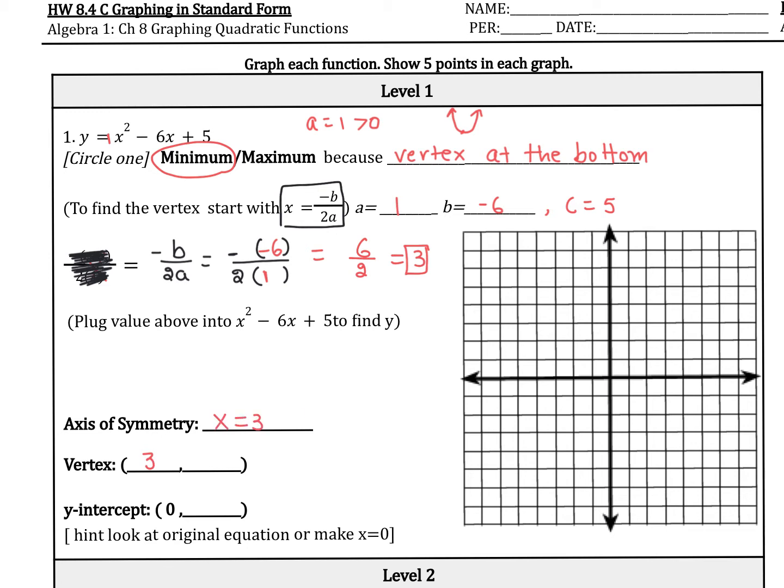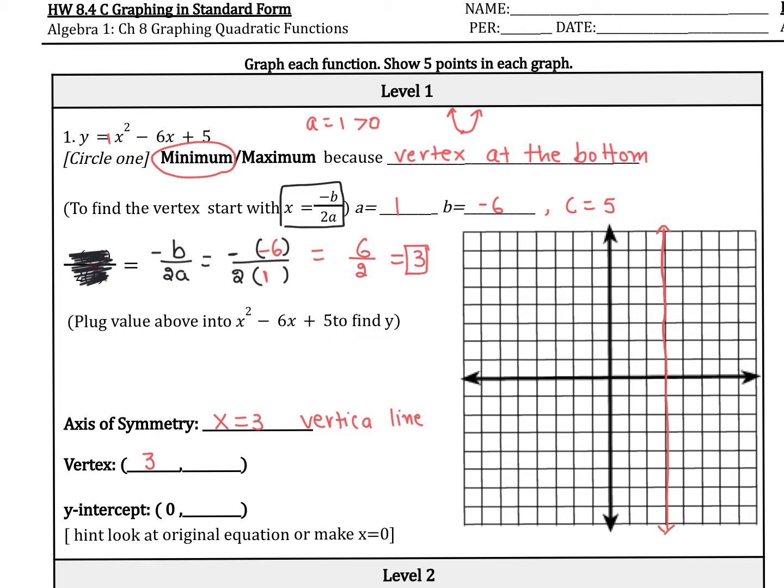And it's a vertical line passing through 3. So the vertical line passing through 3 is your axis of symmetry, or line of symmetry. Plug the value above into this equation to find y.